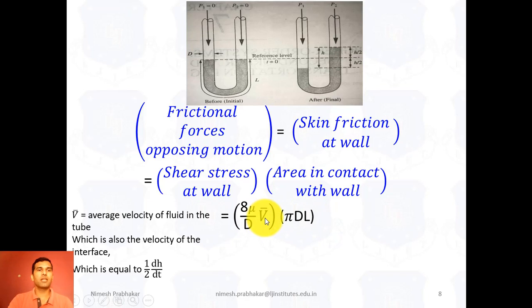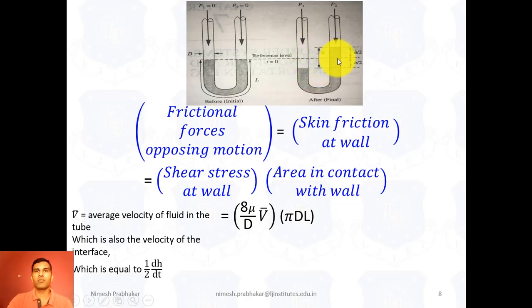Here V is nothing but the average velocity of fluid in the tube, which is 1 by 2 dH by dt. This is the velocity due to the pressure change.